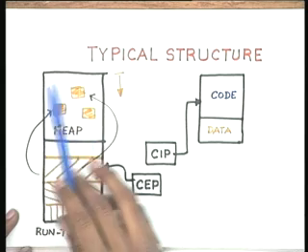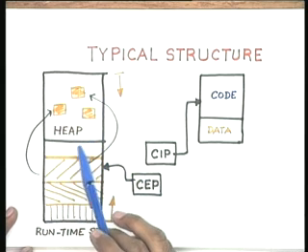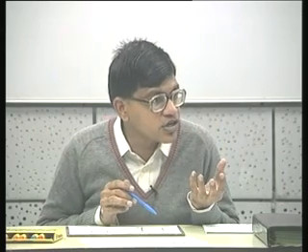And when the heap gets fragmented, what it means is that you might have enough space all told to allocate a fresh structure in the heap, but that space might be such that it cannot be allocated contiguously.